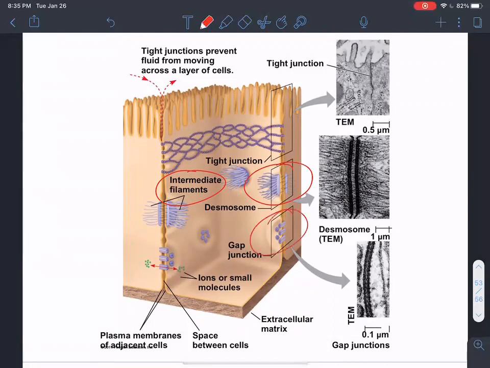You've got the gap junctions down here that allow information to pass from cell to cell. And then you've got some ion channels that are specific to specific ions, like aquaporins only allow water. There are sodium channels that only allow sodium, and potassium channels, that kind of thing. So there are ion or small molecule channels, and those can be considered gap junctions as well.